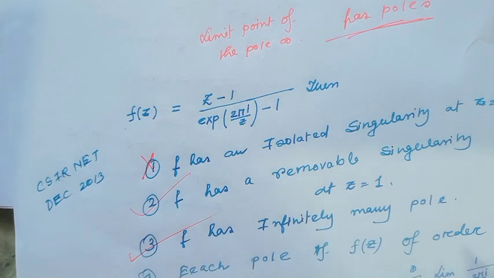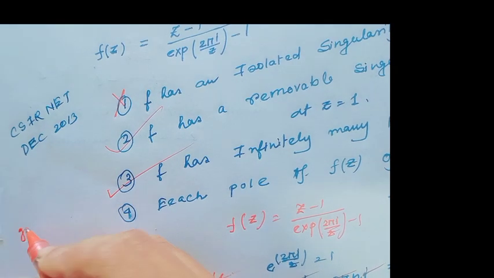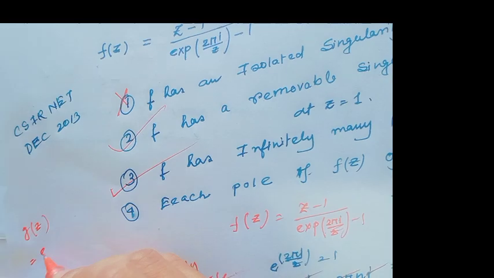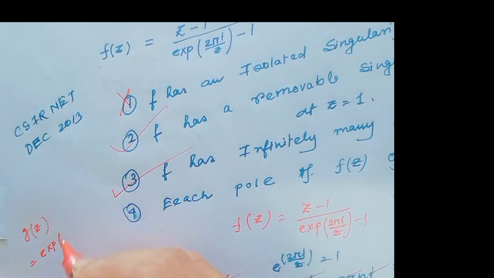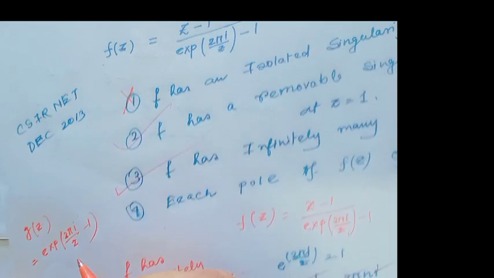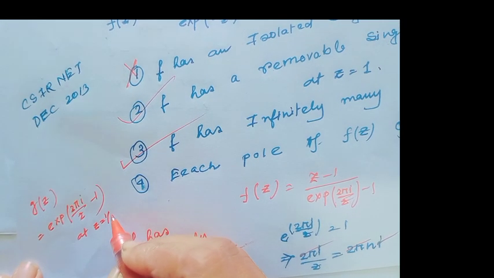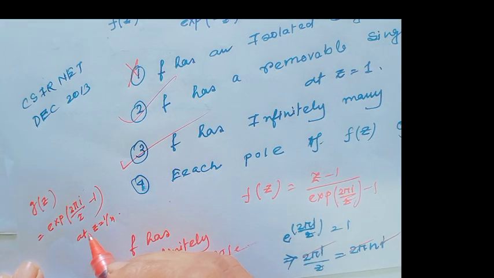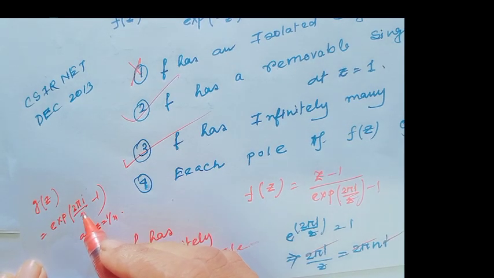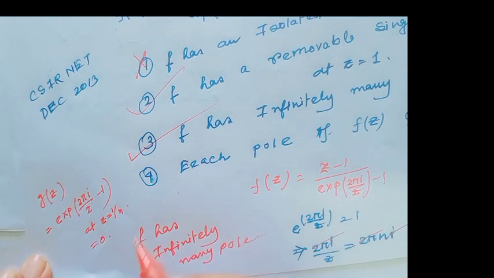Now I will check whether each pole is of order 1. Consider g(z) equal to exp of 2 pi i over z, minus 1. At the point z equal to 1 over n, e to the power 2n pi i means 1, so this value is equal to 0.